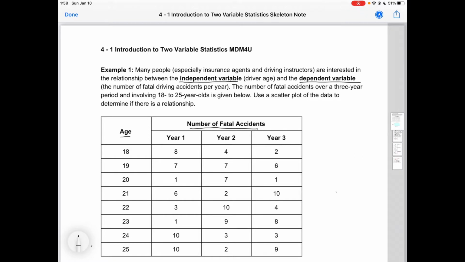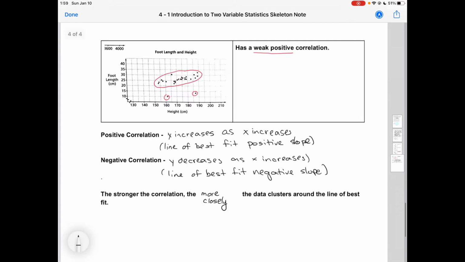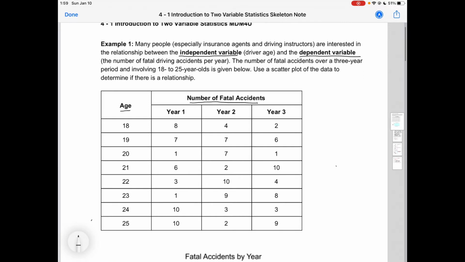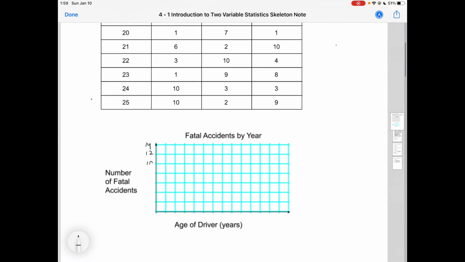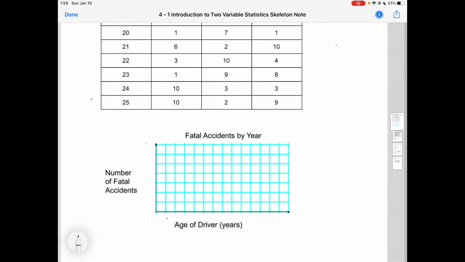So what we want to see is what the relationship is between those two variables, and we can use a scatter plot of the data to determine whether or not there is a relationship. So let's go ahead and plot that scatter plot here. Put the driver age on first.